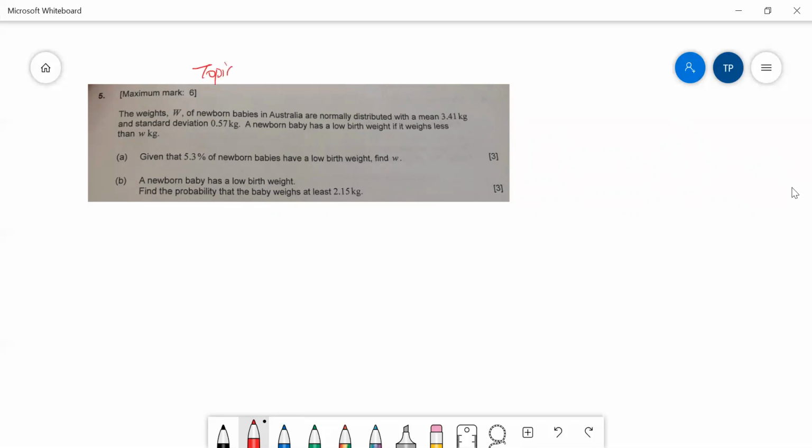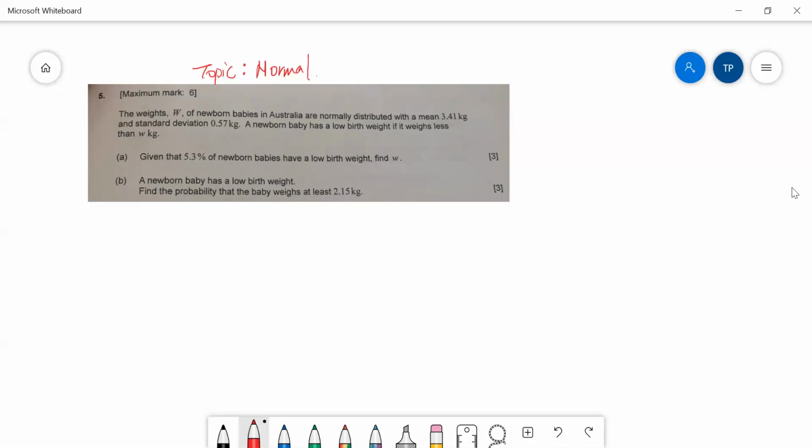Statistics. Oh wait, no, probability, sorry. Probability, yes, but which part of probability? Just now I mentioned it can be discrete, normal. Yes, correct, normal. So we are very sure that this question is on normal distribution, right?